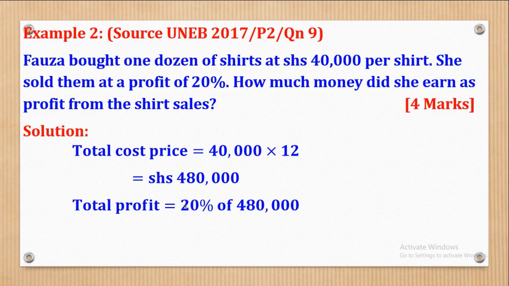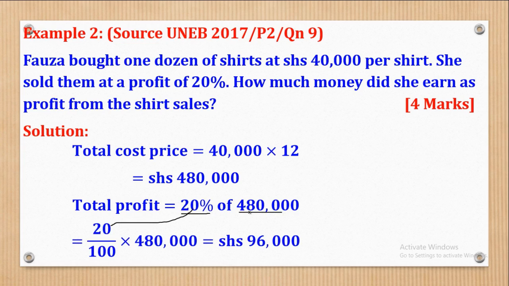What about the total profit? Total profit will be 20% of the total cost price, which will be equal to 20 over 100 multiplied by 480,000. So this 'of' means multiplication, and in the end I'll come up with shillings 96,000, and that will be my profit which they wanted.